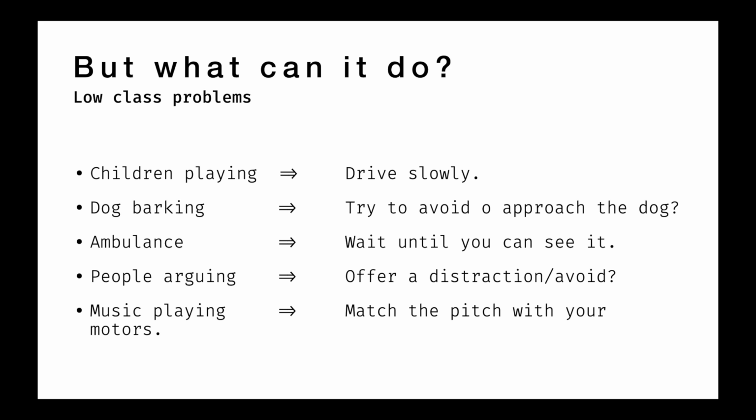If there's a dog barking, you could try to avoid or approach the dog, depending on what kind of robot you are. For an ambulance, obviously wait until you can see it. Again, this is an autonomous vehicle context.